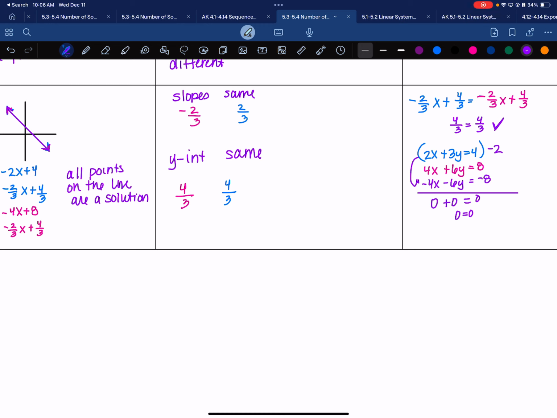Is that true? Is 0 equals 0 the same thing as saying x equals 0? No. If there's a variable, it can be 0, but if the number is 0 equals 0, then it would be infinitely many solutions.